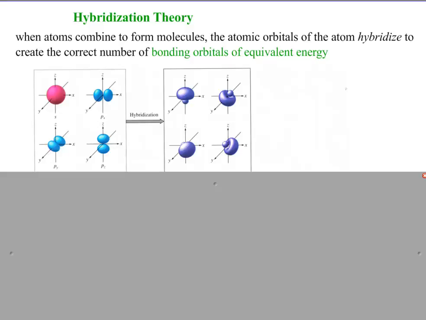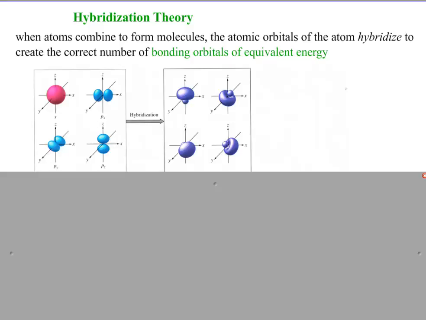When I hybridize them, I blend the 4 orbitals together, so I get 4 new orbitals. So however many orbitals I put into the blender, I get the same number out. And because I'm taking a p orbital and s orbital and combining them, I get an unbalanced or lopsided figure 8 hybrid orbital.